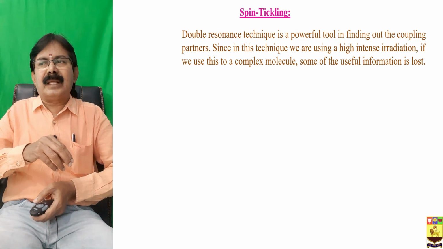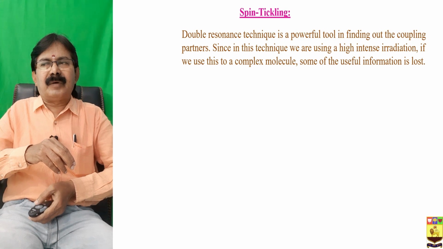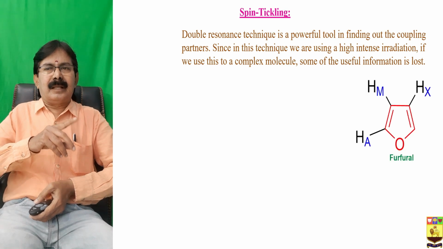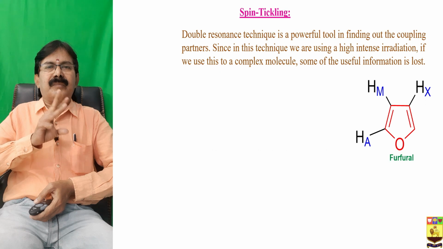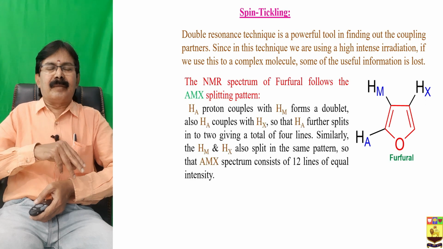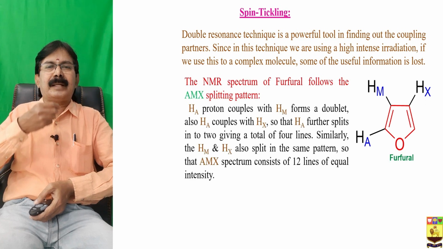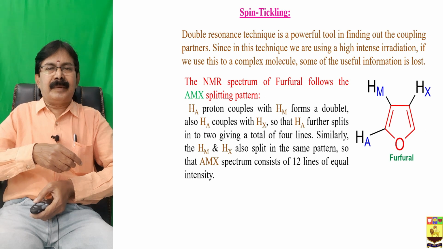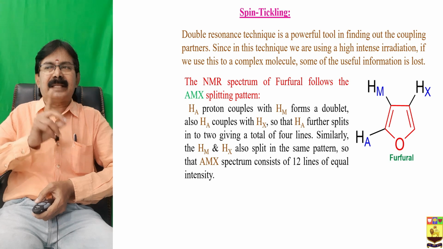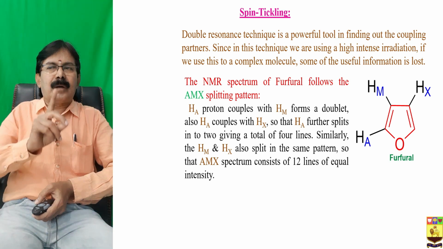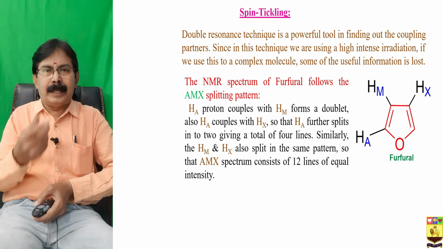For example, take furfural, which has 3 protons in 3 different chemical environments. This gives an AMX pattern. Let us take the HA proton. The HA proton couples with the M proton, forming a doublet.